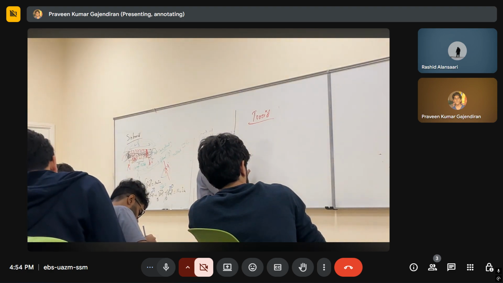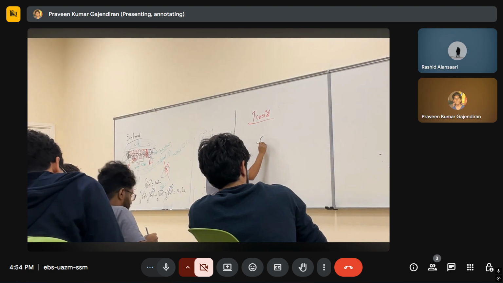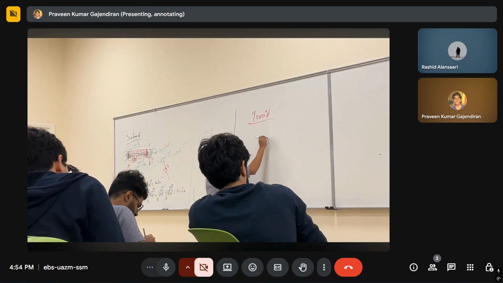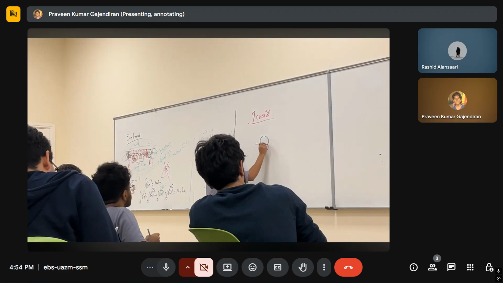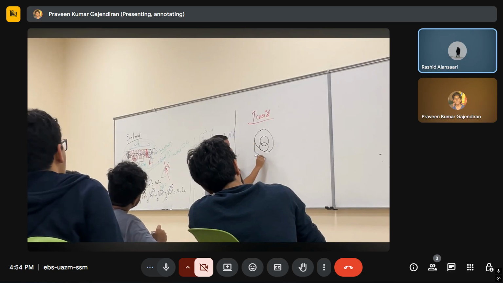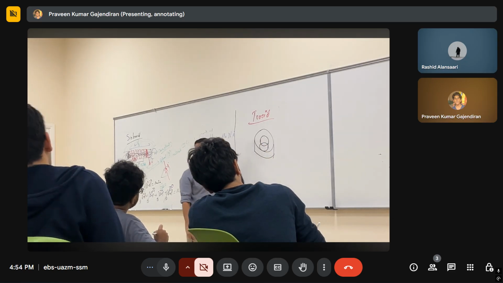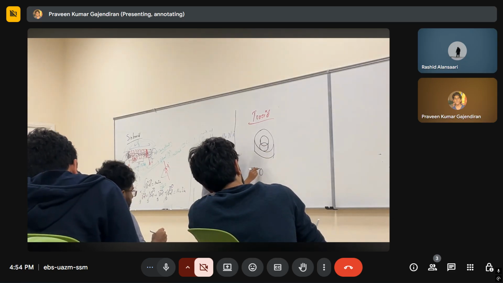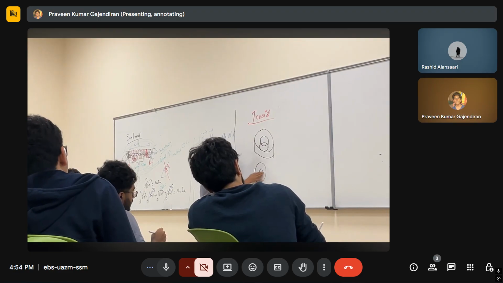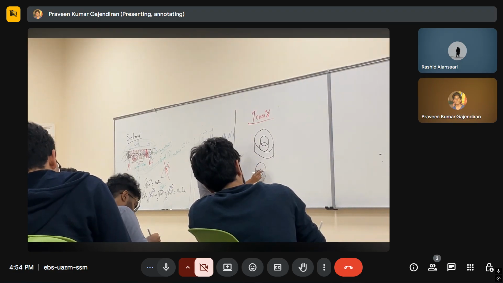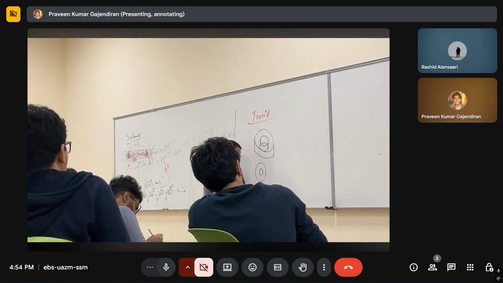Basically, you take a solenoid, right? You take a solenoid and you bend it, right? And then connect it.